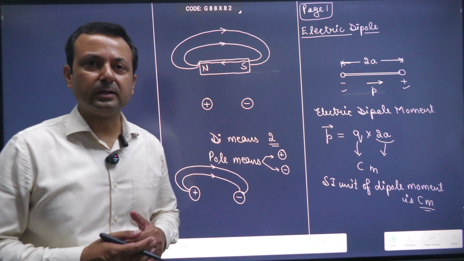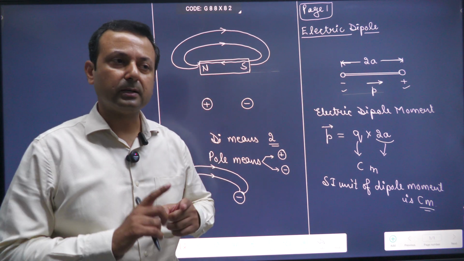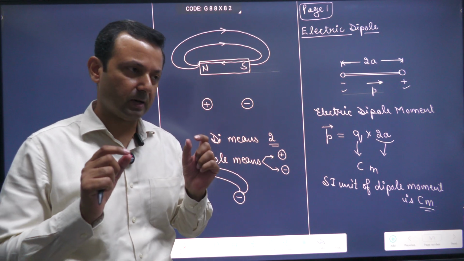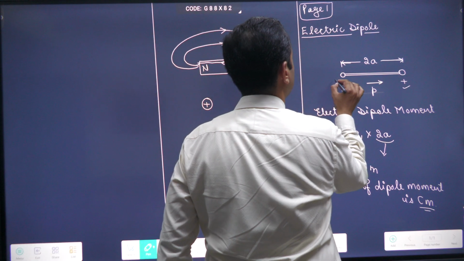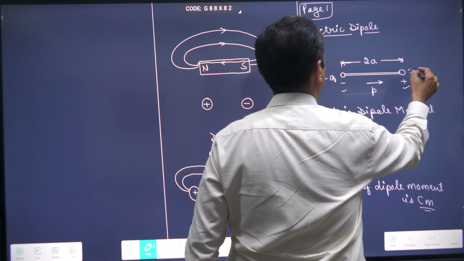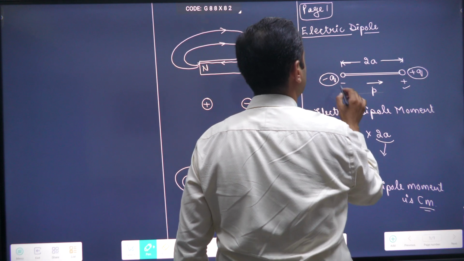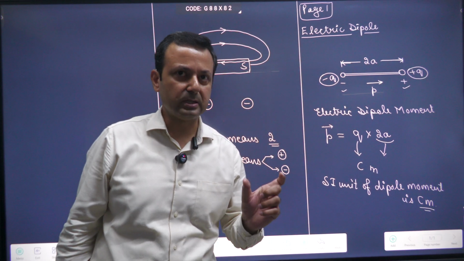So let's repeat it once again. An electric dipole is made up of two equal and opposite charges, negative charge minus q and positive charge plus q, separated by a small distance.